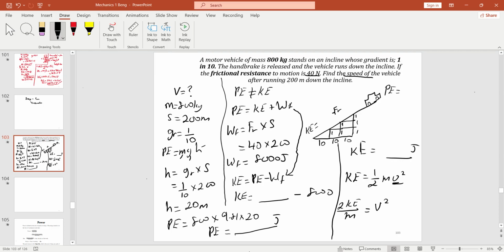V is not standing alone with the square here, so you take the square root, which will take this one out. And you get V is equal to the square root of 2KE all over m. So you put in your values now and then you solve to get your answer. Good luck.